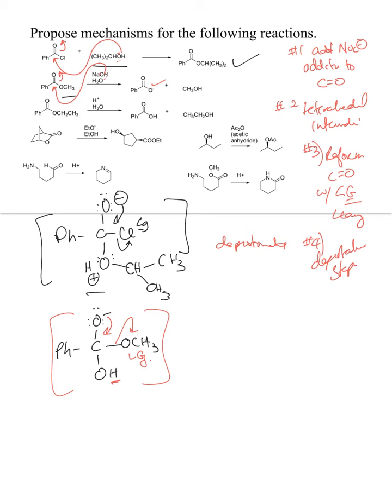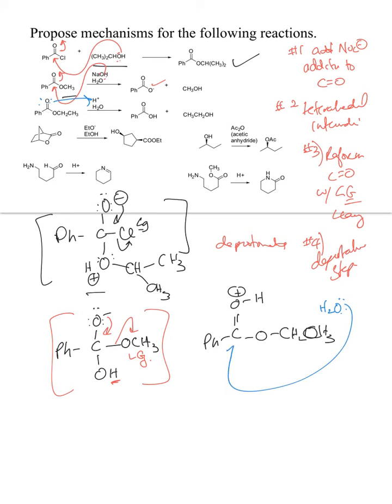Okay, here, this is acid, so you're going to get protonation. It's always the first thing. When you have acid, if you have a carbonyl, it activates that carbonyl. And then you have your nucleophile, which is water.